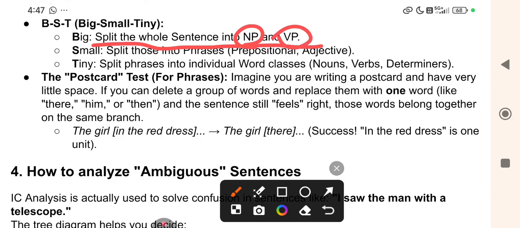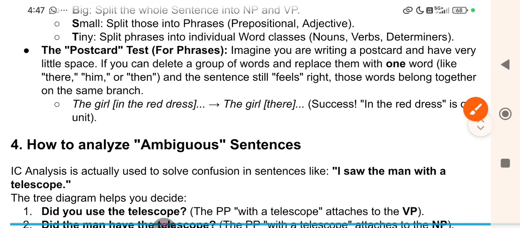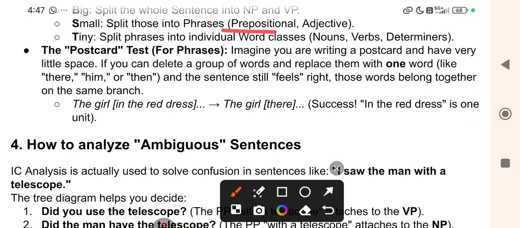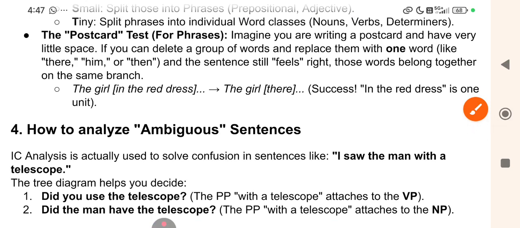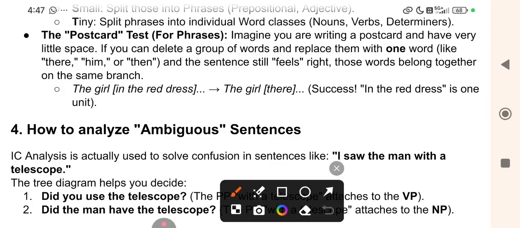S for small, split those into phrases, prepositional or adjective phrases, that is, after the noun phrase or verb phrase. Then tiny, split phrases into individual classes like noun, verb, determiners, etc.